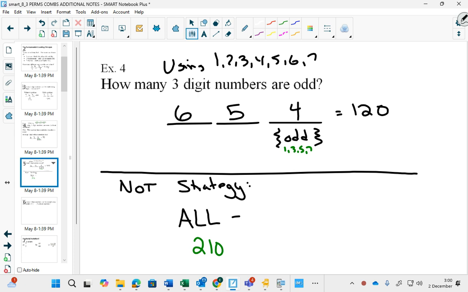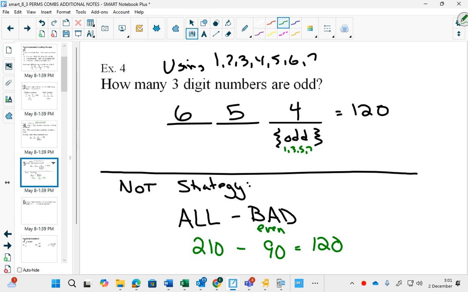Then you say, I already counted all the bad ones. Can you say of those 210 ones, the even ones are bad? Those aren't the ones we want to count. So if we subtract the even ones, which we got to be 90, the ones that would be left would all be odd.